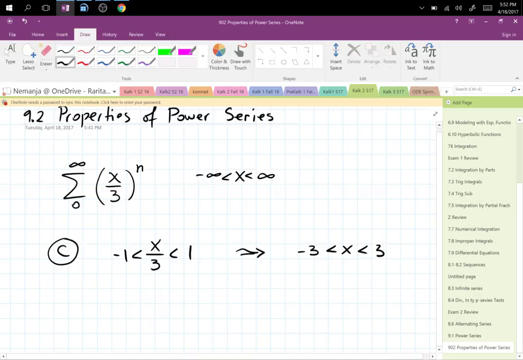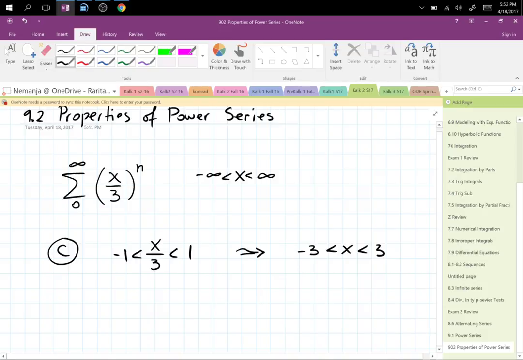So I'm allowed to pick any number, decimal. I can choose pi over 2, I can choose e, 1 over e. I can choose any number between these two values as x, and the power series will converge. So the power series converges for all values between -3 and 3.